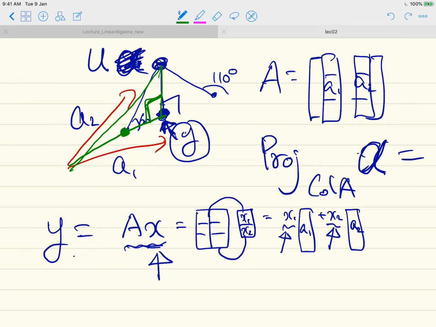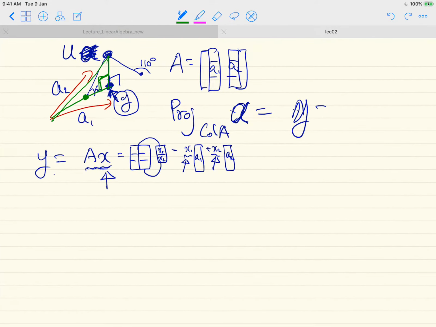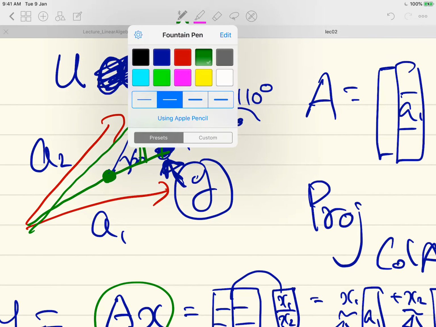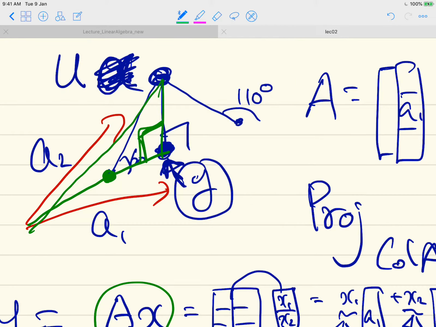So let's just write that notation, okay? So Ay, which is our projected point. We have to build up the equation that this perpendicular line is orthogonal to this horizontal green line. And what is this bright green line?